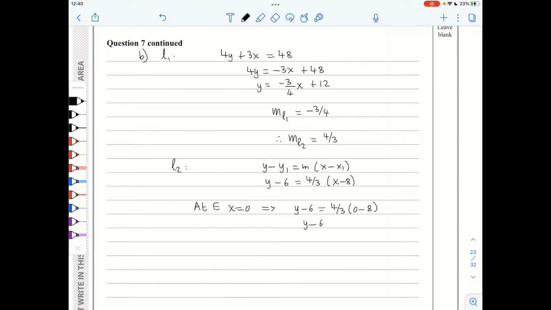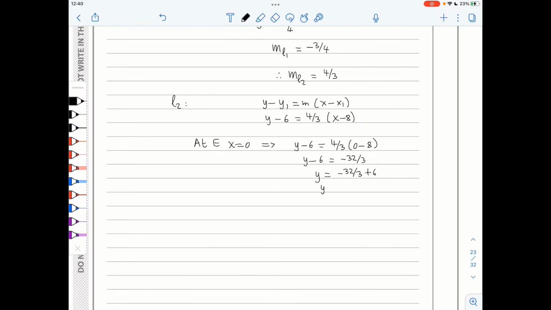So y minus 6 is minus 32 over 3, which means that y is minus 32 over 3 plus 6, which gives me the minus 14 over 3 as required. It was a show that question, so I had to show everything very carefully to claim the full marks.